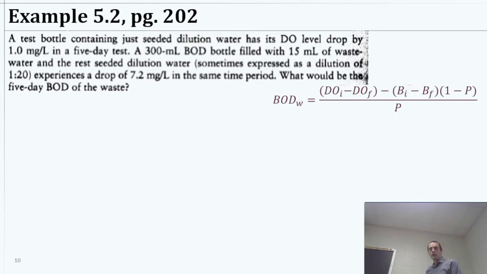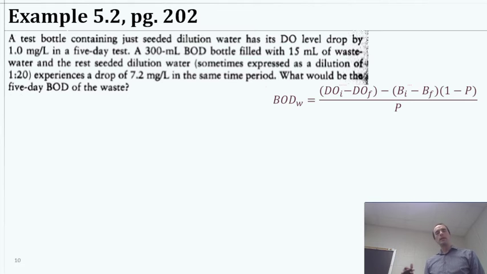Okay, so a quick problem then. Here we have a test bottle containing just seed dilution water. It has a DO level drop of 1 milligram per liter in a 5-day test. A 300 milliliter BOD bottle is filled with 15 milliliters of waste, so this would be a separate bottle, and the rest is that seeded dilution water.